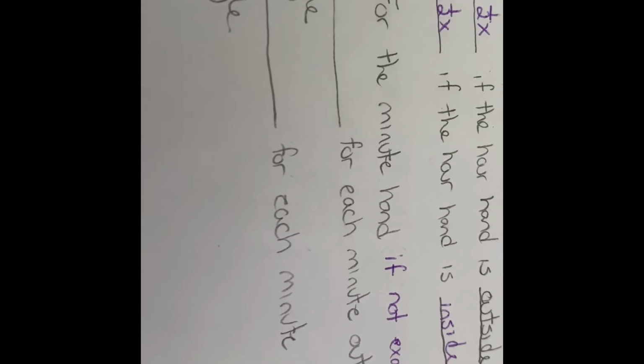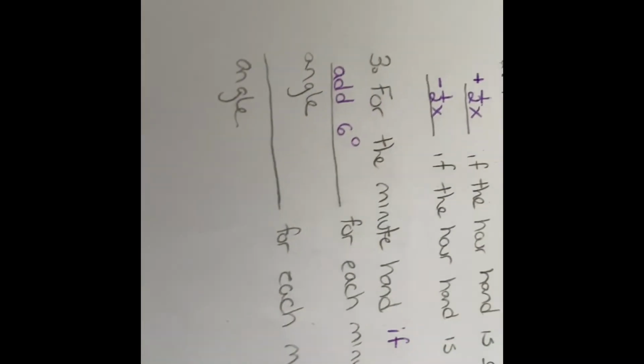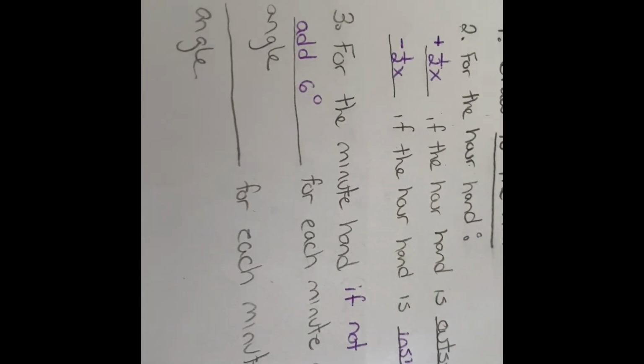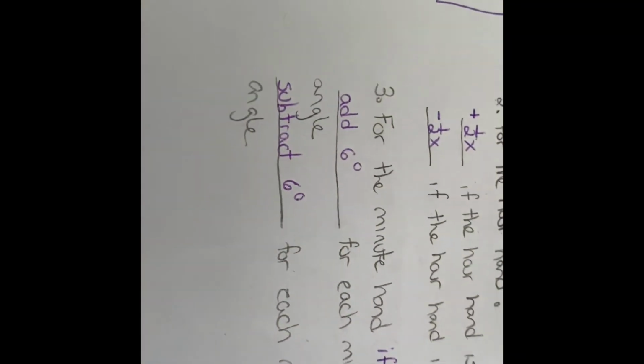So for each minute outside of the angle, you're gonna add 6 degrees because each minute represents 6 degrees on the clock. And for each minute that's within the angle, you're going to subtract the 6 degrees.